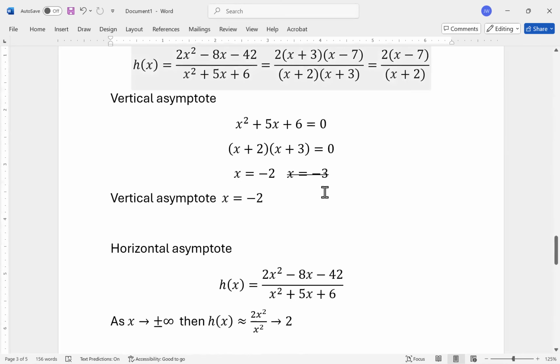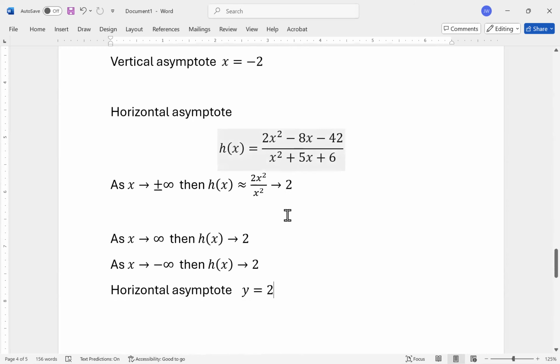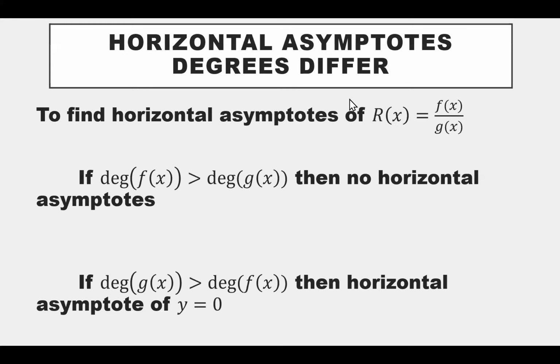And if the degree on top matches the degree on bottom, then we're going to have a horizontal asymptote of y is equal to some real number, and that real number is going to be determined by leading coefficient divided by leading coefficient. That's what these next slides say in mathematical terms.